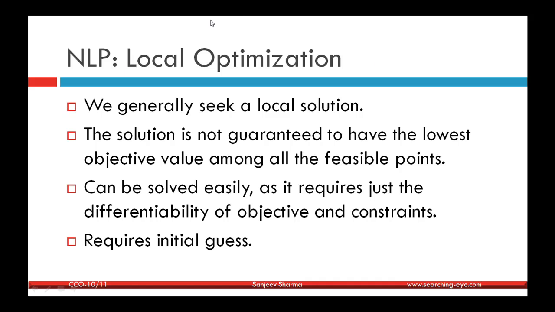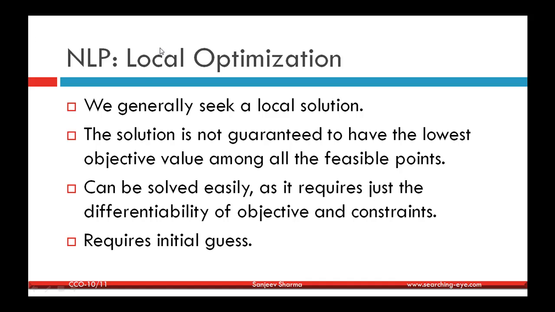In a general non-linear optimization problem, we seek a local solution because it is very hard to determine the global solution, as there can be many local solutions. We will see that for a non-linear optimization problem, the solution is generally trapped in a local minimum.